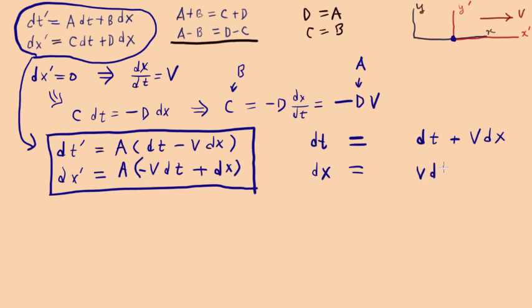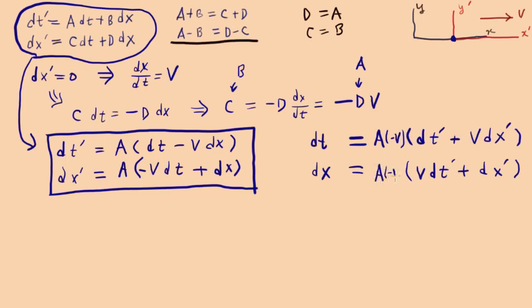Just replace v with negative v, because the unprimed coordinate has the relative velocity of negative v with respect to the primed coordinate system. So then we have also A here, but this A, let's recall that this A is a function of velocity.